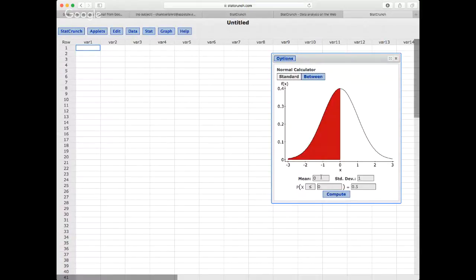We're not given a mean for this problem. Well, we're supposed to assume that these are symmetric, right? Let's call the mean the same as the median. Now, this is just for the sake of example.